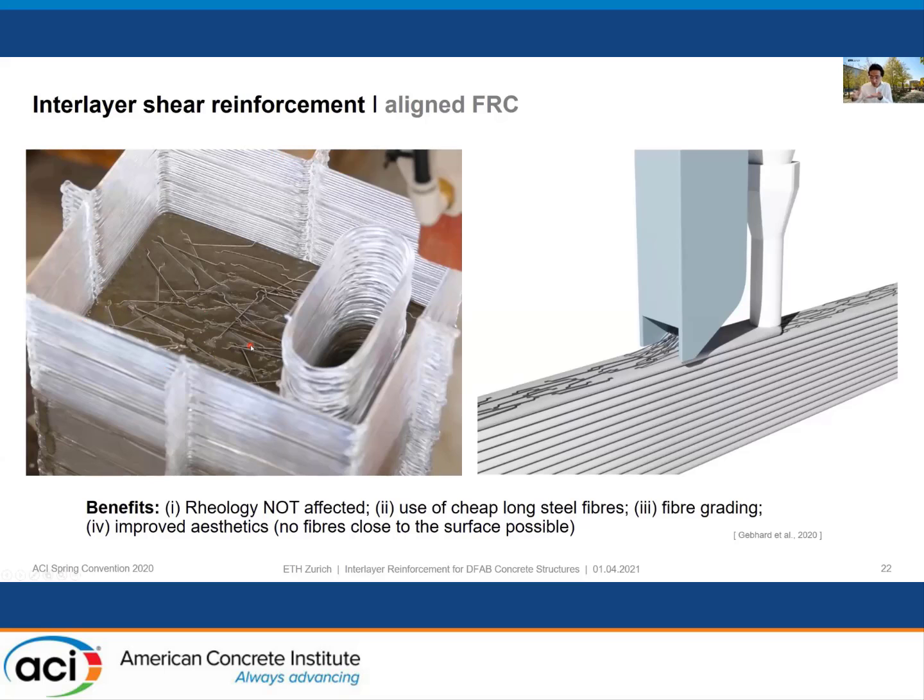So after we have done a casting interval, instead of placing the fibers into the concrete mix, we add them separately. This has the benefit that we do not modify the rheology of the concrete. Also, we can use inexpensive long steel fibers. We can place the fibers whenever we need them structurally.